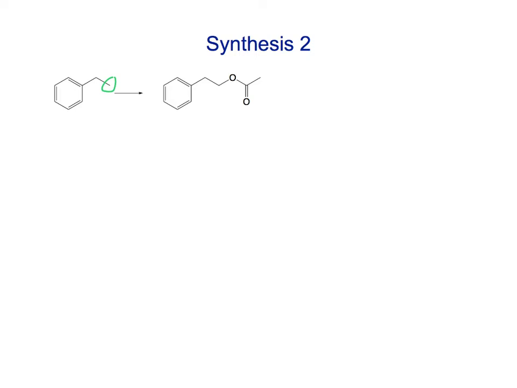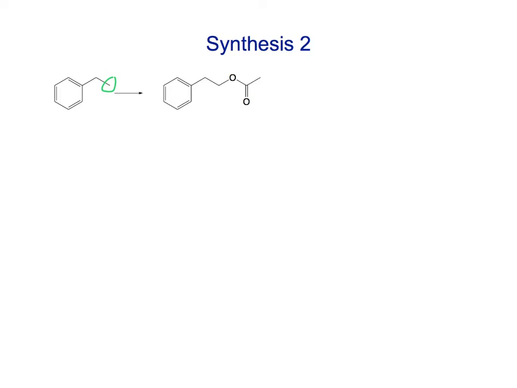Anybody? We can just use Br2 and light, and even though it's totally selective for the more highly substituted position, we can just hope that we get like 0.1% of the primary position. Yeah, that's a good strategy.